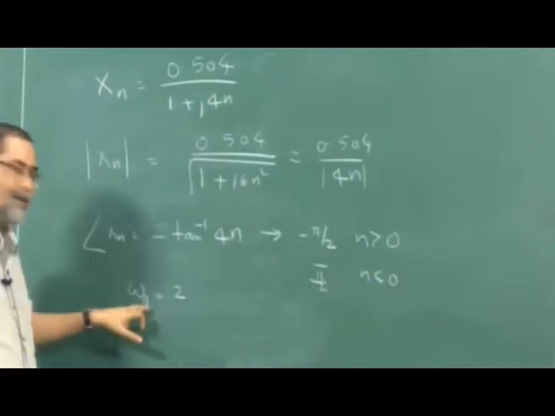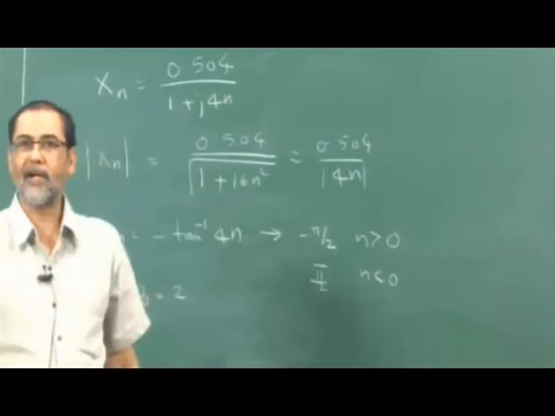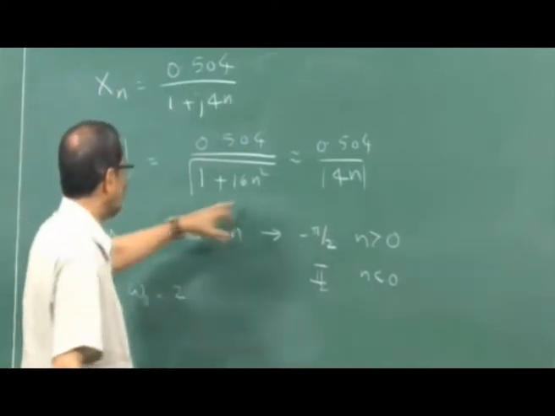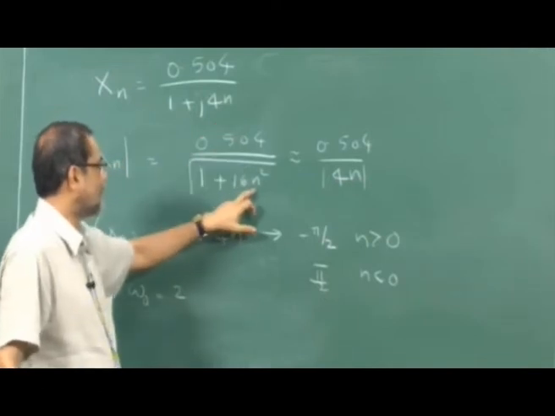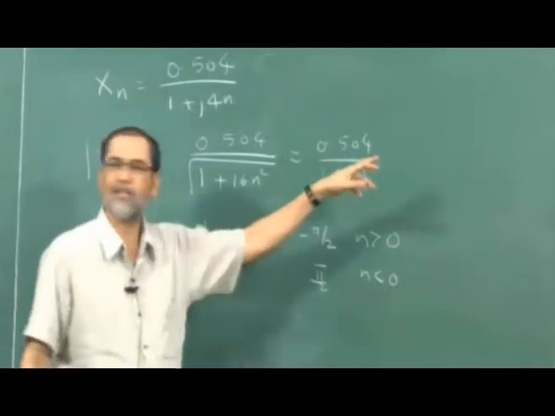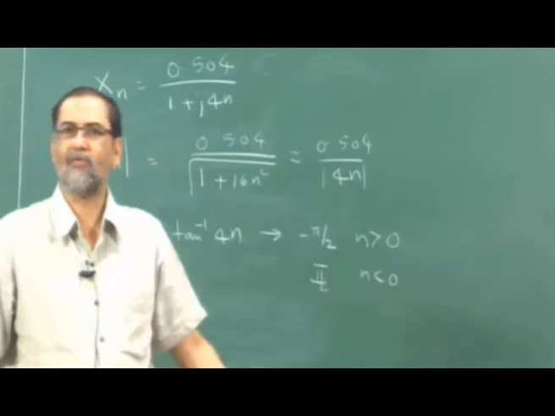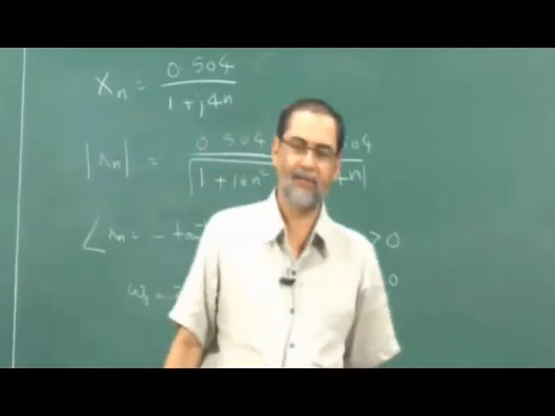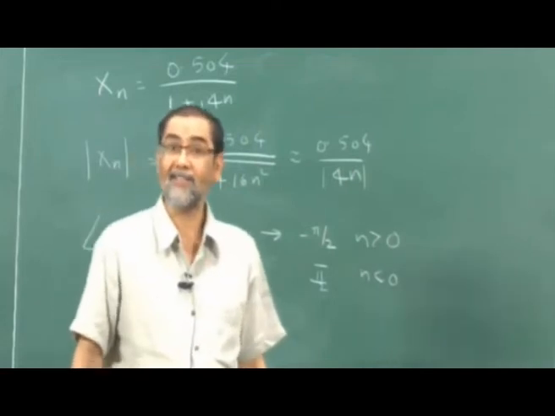For n equal to 1, the frequency is 2, so I have a value at 2 radians per second. n equal to 1 would be 16 plus 1 is 17, under root nearly 4, right? So 0.504 by 4 is something like 0.104 or something. So I have that there. You see that I have 0.504 by under root 17, that is 16 plus 1.